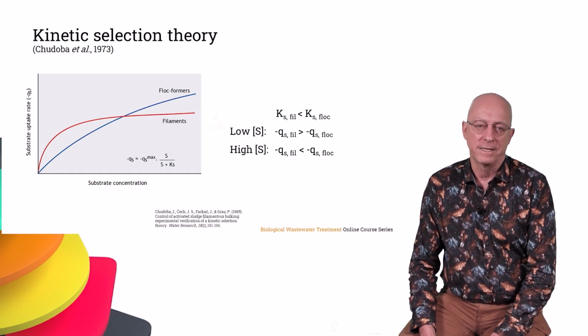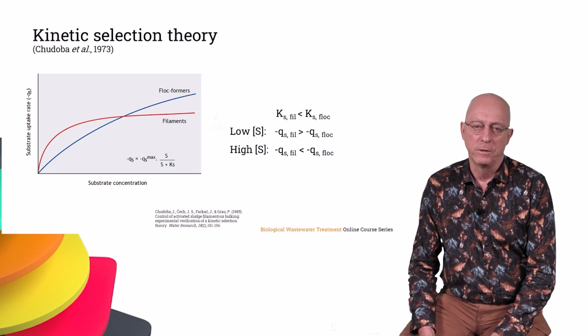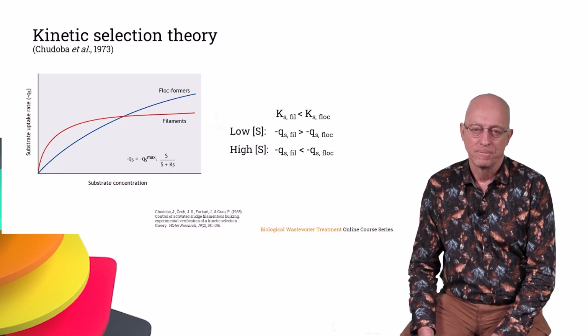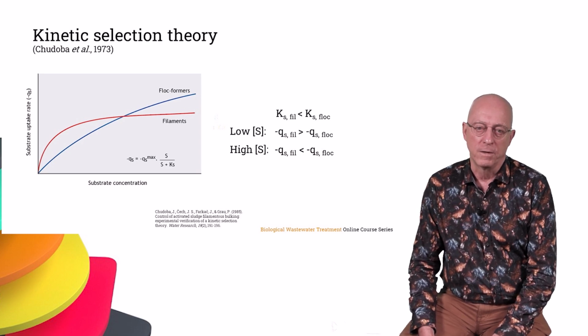And that selection theory states that the filaments have a high affinity and a low growth rate compared to floc formers. What you see in this graph is the substrate concentration on the x-axis and the substrate uptake rate on the y-axis. The red line is for the filaments, the blue line is for the floc formers, and the formula at the bottom is describing these lines.